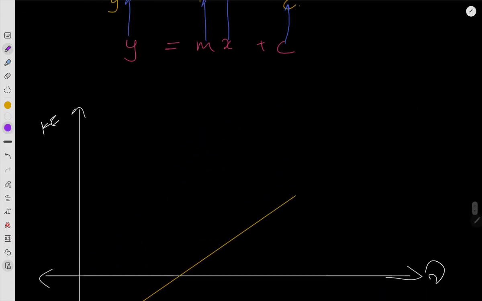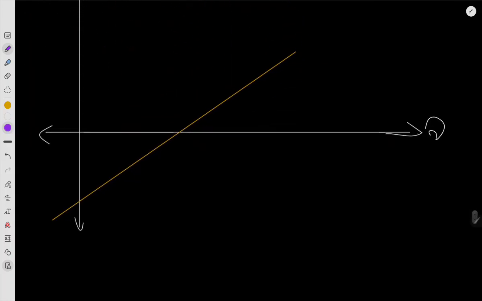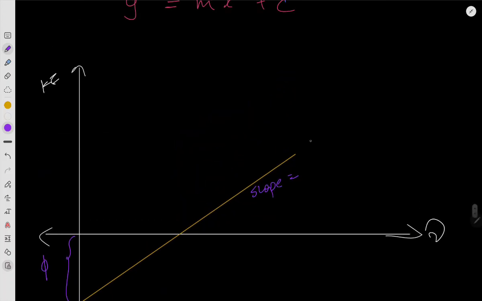Absolutely correct graph. And this would be the work function, and the slope would be equal to h.